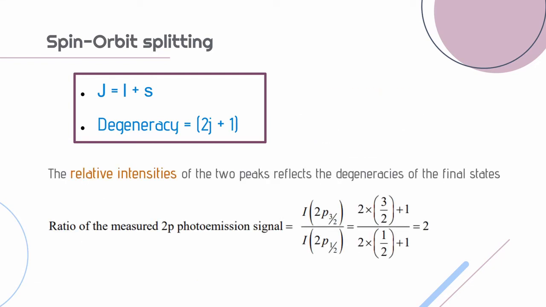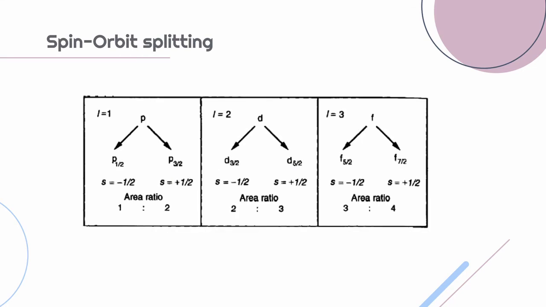And the ratio of their intensities is given by the ratio of their degeneracies. So for the p subshell, the ratio of their degeneracies is 4:2, which equals 2:1. Similar to the p subshell, the d subshell also has two energy states, and the area ratio is given by 2 by 3, which is the degeneracy ratio.